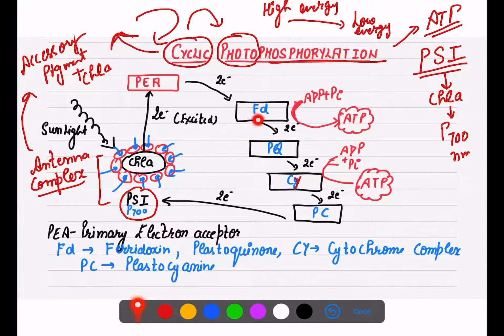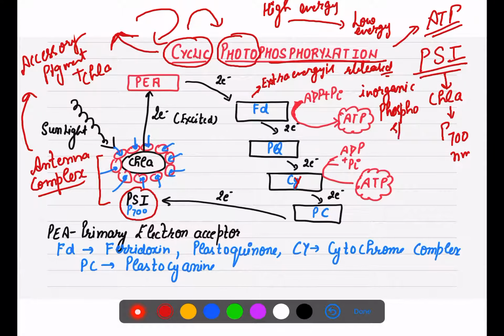Now what is happening here? As you can see, once the electron is received by ferredoxin, extra energy is released, right? That extra energy is used in the formation of ATP. Here ADP combines with inorganic phosphate. Pi is inorganic phosphate. So ADP, that is adenosine diphosphate, combines with inorganic phosphate and forms ATP.